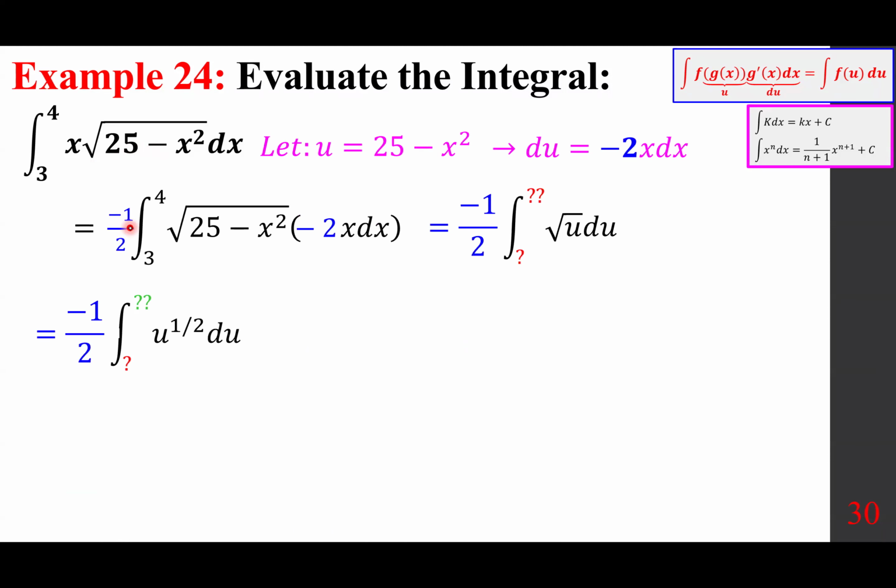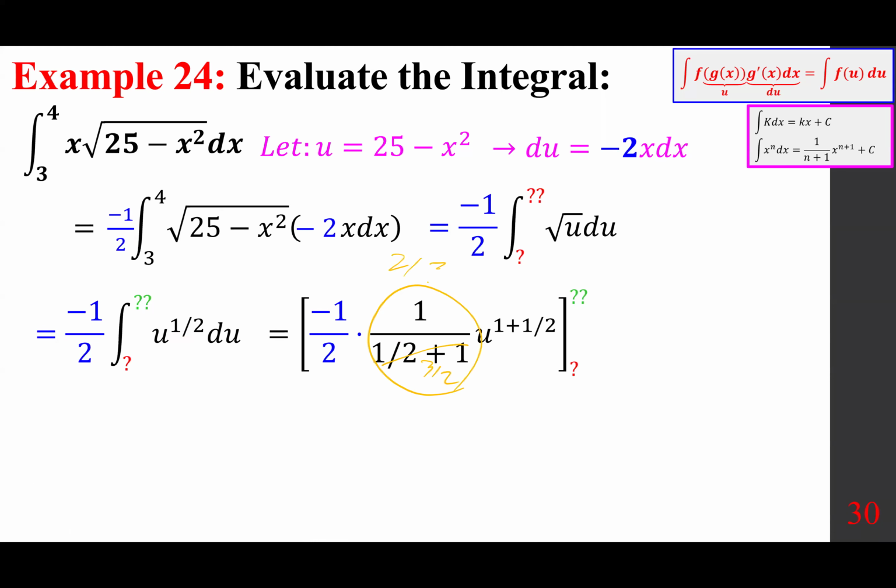And we know how to integrate this: 1 over 1/2 plus 1, u to the power 1/2 plus 1. This negative 1/2 doesn't go away. And so the product, remember, this is 3/2. This is 2/3. And the product of these two is negative 1/3.